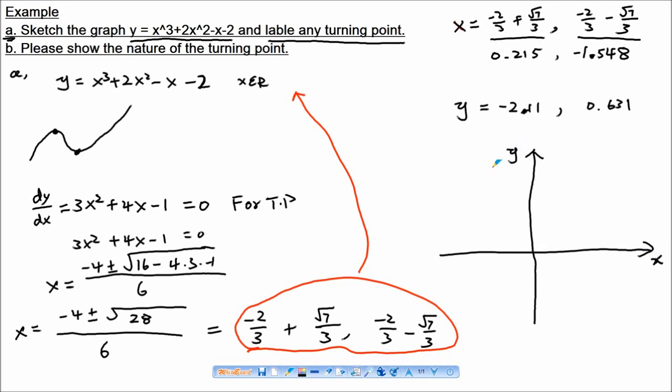On the x and y axes, I would have a turning point at 0.215 and minus 2.11. I would have a turning point here.